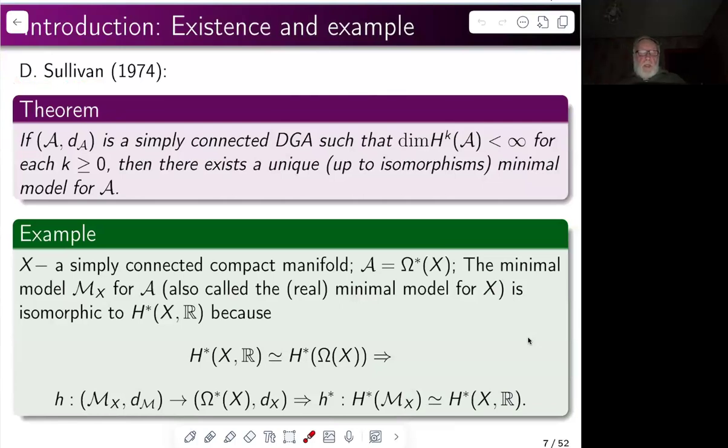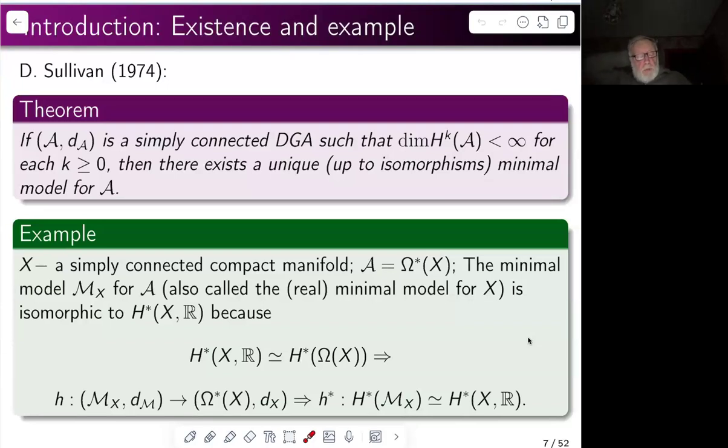And he proved the following important theorem. If we have a simply connected differential graded algebra A with differential dA, such that all homology groups are finite dimensional, then there exists, up to isomorphism, a unique minimal model for this algebra.